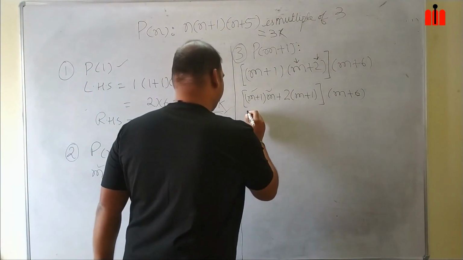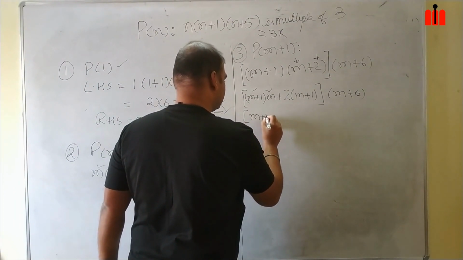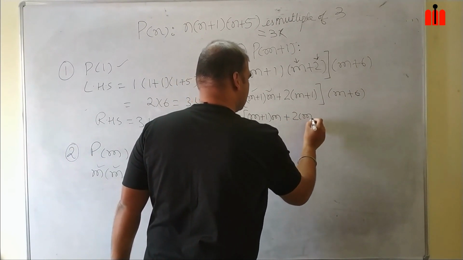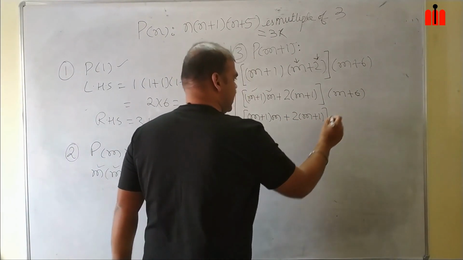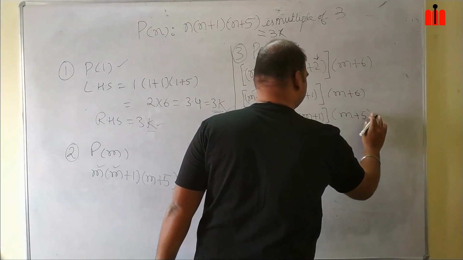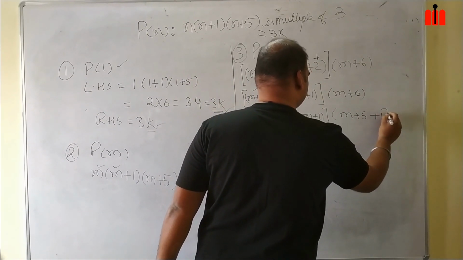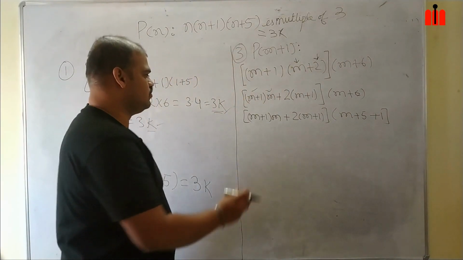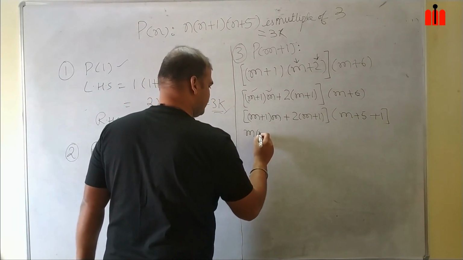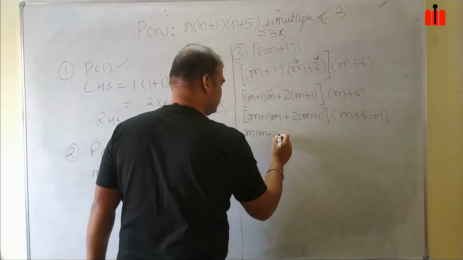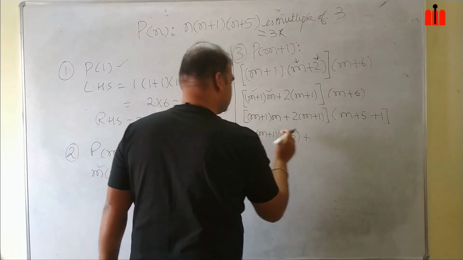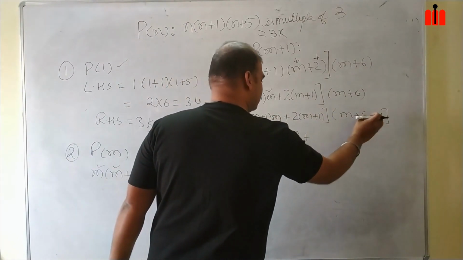So what will we do? We will put m plus 1, m plus 2, m plus 1, and we will split this m plus 6 as m plus 5 plus 1. Now we will multiply this with this m plus 5. Then we will get m plus 1 m, m plus 5, plus m plus 1 multiplied with this 1.